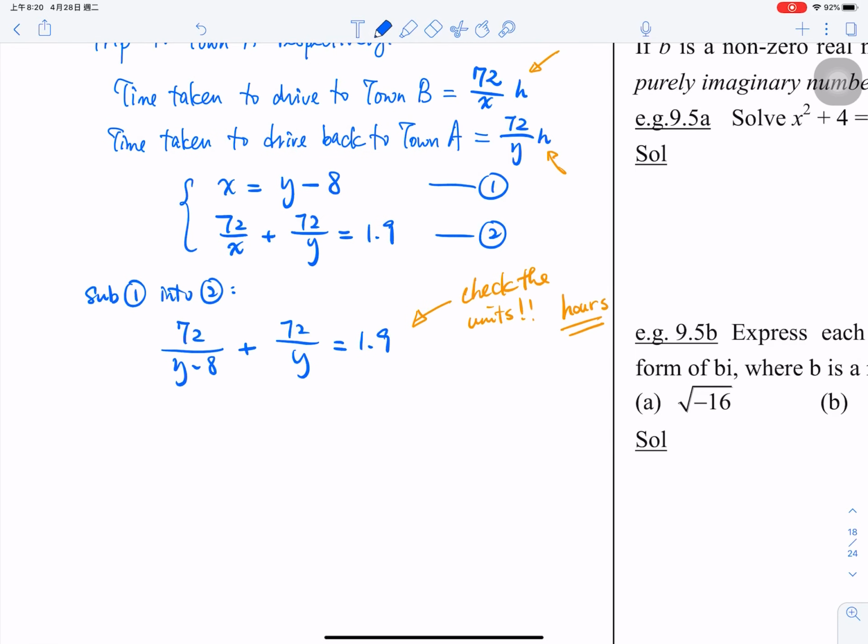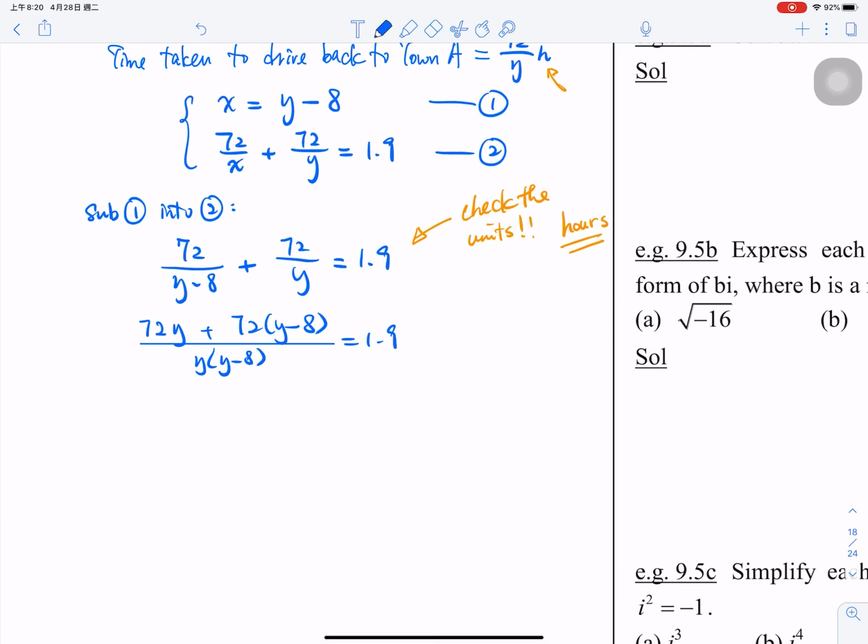Now here, 72 times y plus 72 times y minus 8, altogether over y times y minus 8 equals 1.9, right? Should be like this.